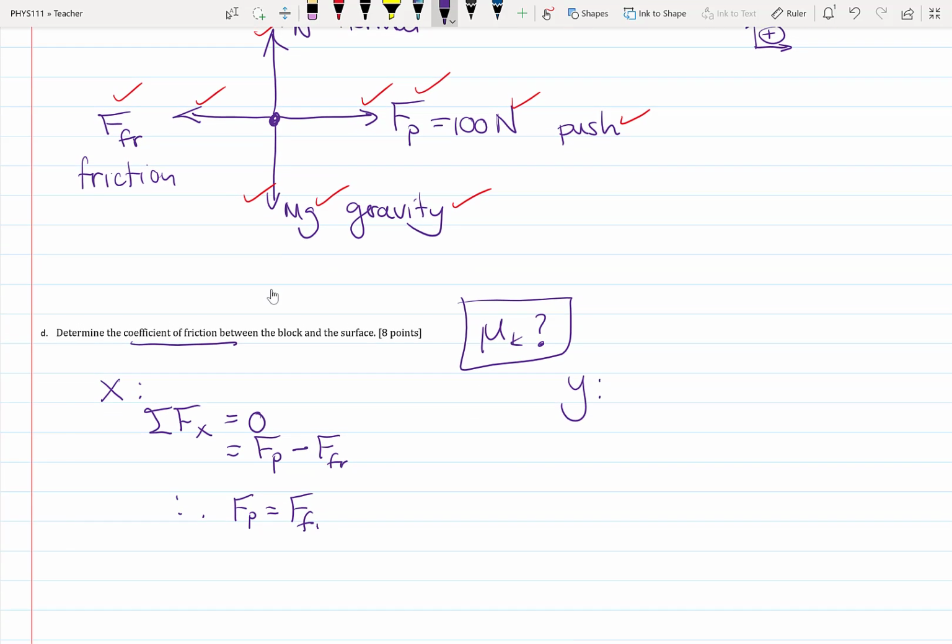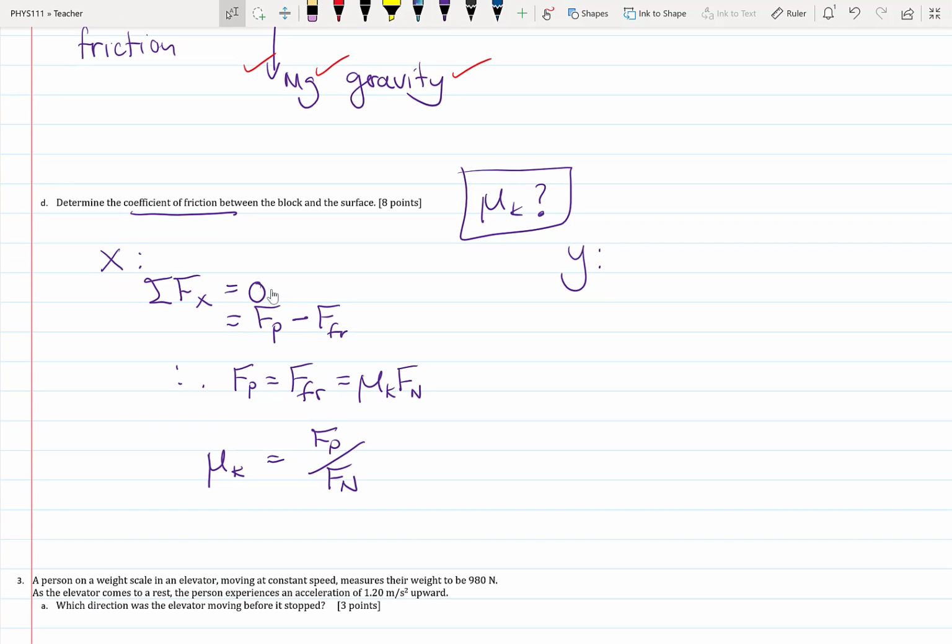We can certainly put in the equation for the frictional force, mu k times the normal force, and then that tells us that the coefficient that we're looking for right now is equal to this push divided by the normal force. But we don't have these values. We've got the push force, that's 100 newtons, so that's good, but we don't have the normal force, so we're stuck.